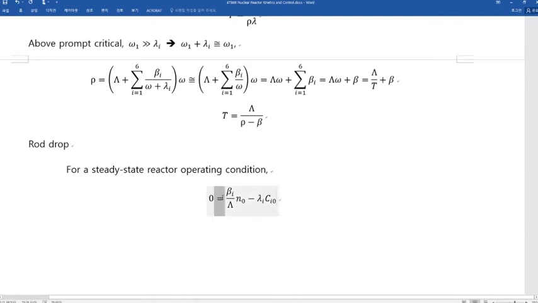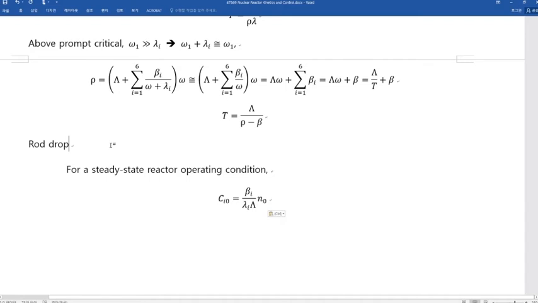So with this equation, this can be changed like this, and therefore Ci is given as beta i multiplied by n0 over lambda i times the neutron prompt generation time. So from the steady state condition, we are able to find the steady state precursor concentrations.